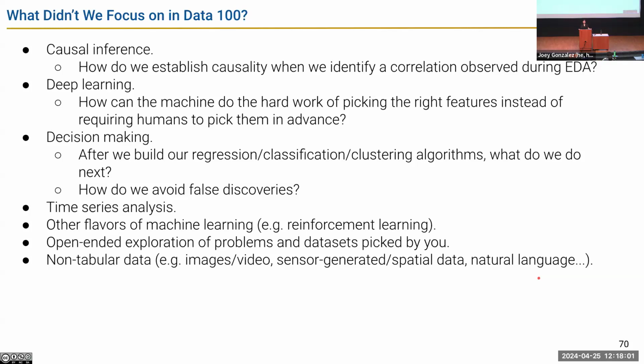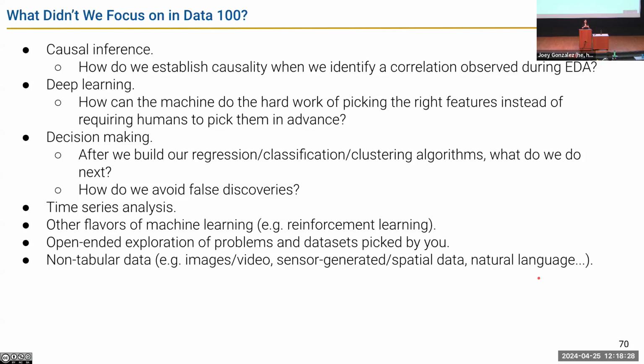We also did not talk about non-tabular data. Everything that we gave you was in data frames, right? And even when we were talking about SQL, everything was in tables, in tabular format. Graduate students in Data 200 had experience with processing images and natural language or text, but we still pre-processed it for them so that the data was in tabular format.